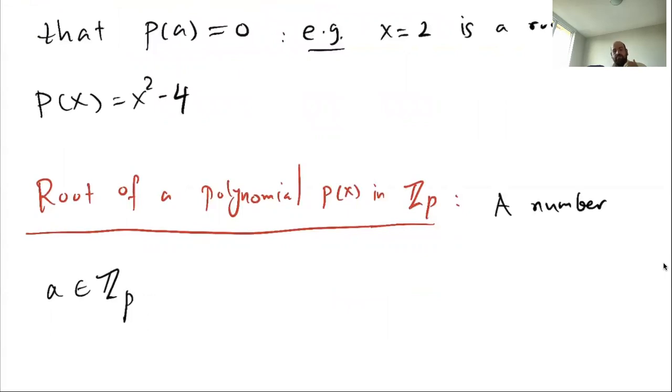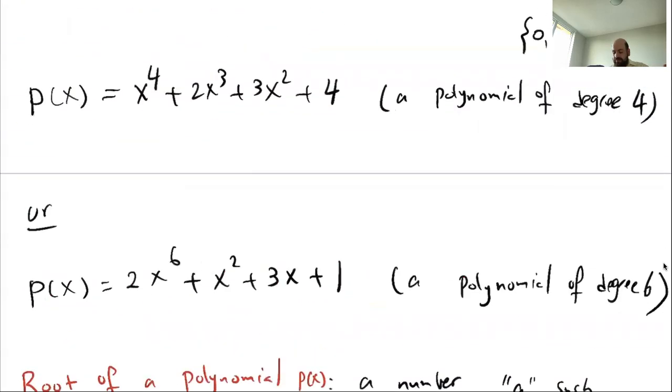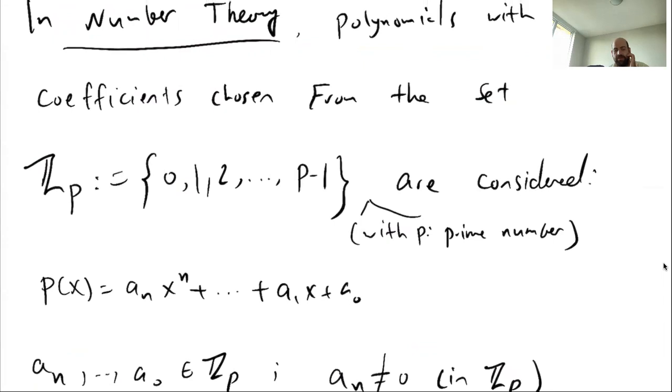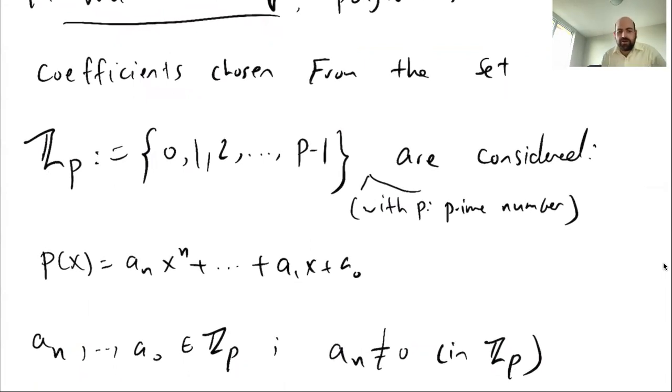Let's compare it with the previous case. A polynomial in Zp has the same definition as the standard polynomial. The only difference was that we required the coefficients to be chosen from Zp. And what was Zp again? The set consisting of 0, 1, all the way to p minus 1.